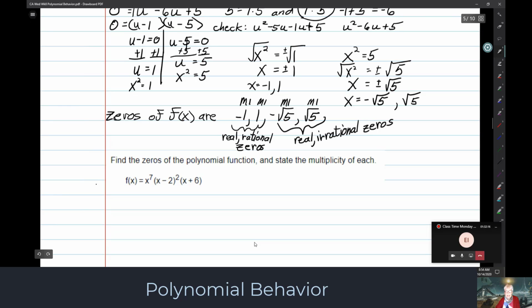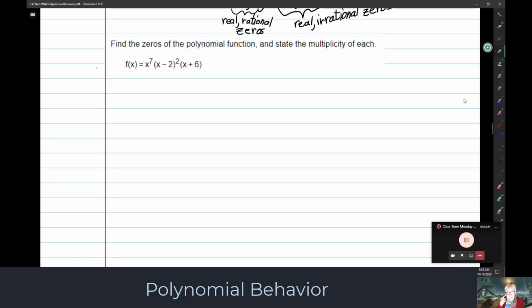Now, we are going to find the zeros and the multiplicities one more time. And this is a doozy. I'm going to write this out. I'm going to expand it. I'm going to write it out the way it really is. f of x equals x times x times x times x times x times x times x.